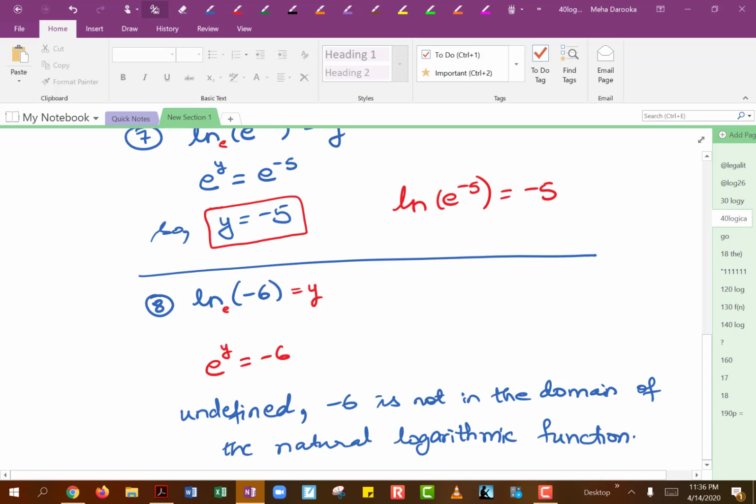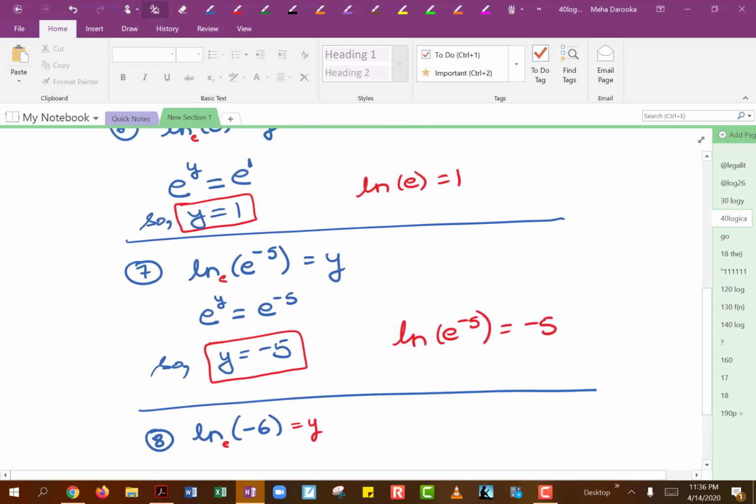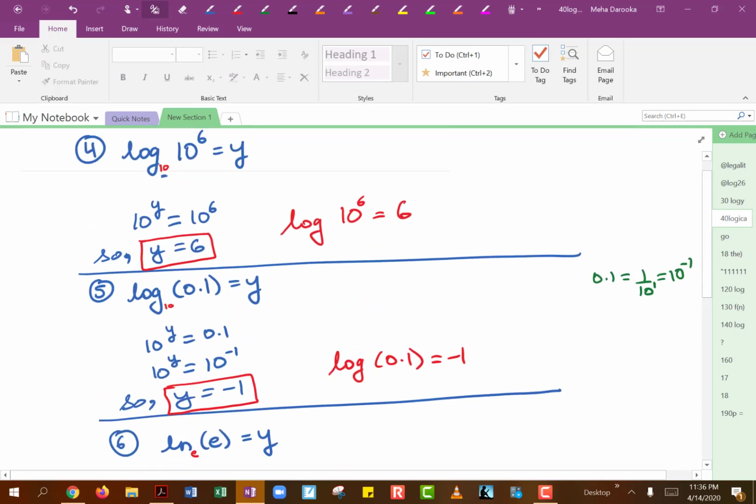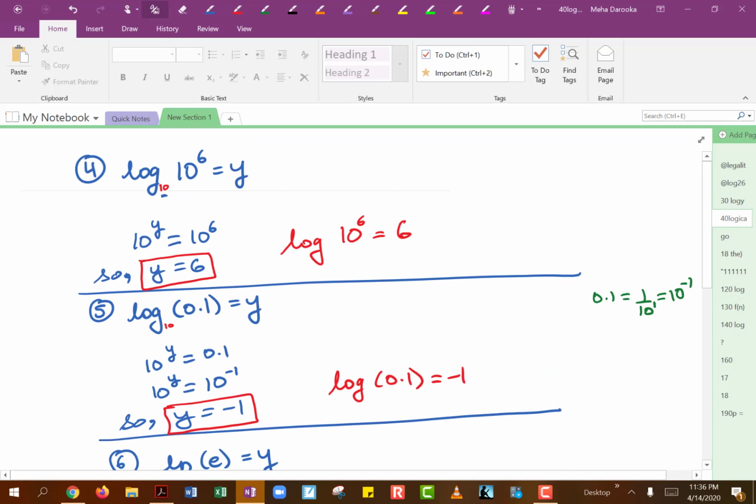Now, one thing I want you to notice before we move on from here is that anytime this base and this base match, your answer is always going to be what this exponent is. So you will see our answer came out to be that number 6, which was our exponent on 10 to the 6th.